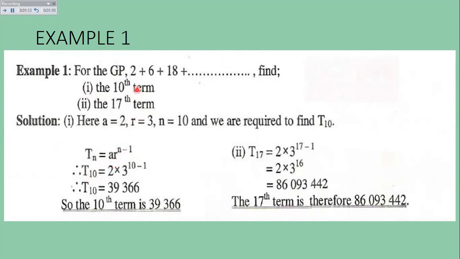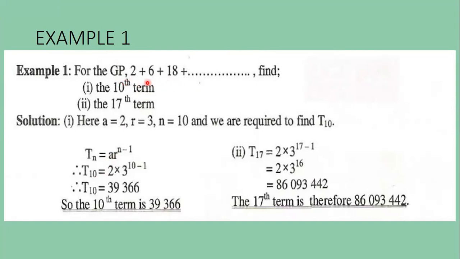This A here is always the first term of the given GP. So here we have been given this GP, 2 plus 6 plus 18. The only thing that we have remained with is to find the common ratio. How do you find the common ratio in a given GP?